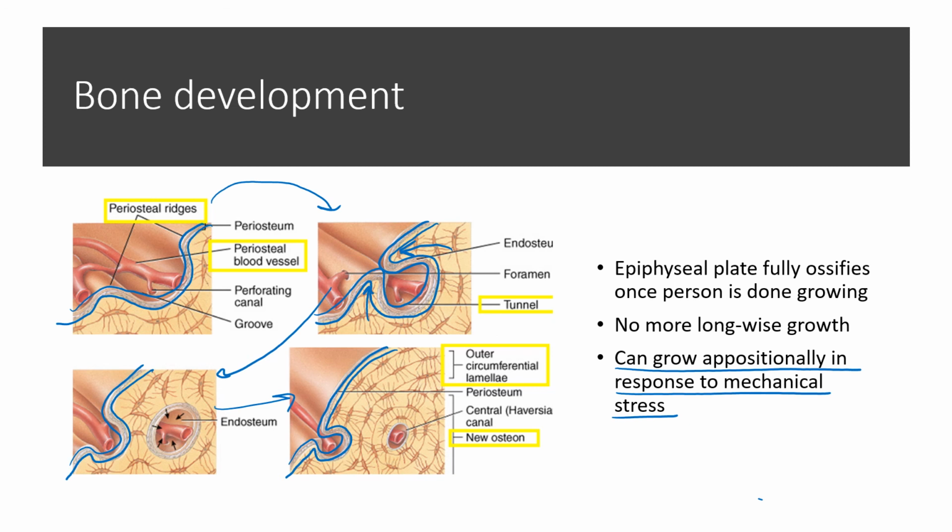Once that blood vessel is surrounded, so we're here now, you have a nice hole with a blood vessel, and probably a nerve with it as well, because nerves and blood vessels usually go hand in hand. The dense irregular connective tissue aspect of this membrane breaks down, and so what you're left with is really just that line of cellular periosteum, the bony stem cells.